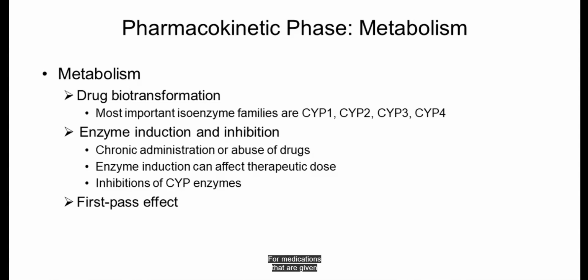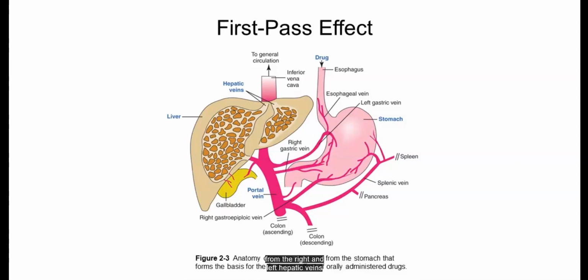For medications that are given orally or through the digestive tract, they must first go through the portal vein, which drains this blood into the liver, and this drainage is shown in the next slide. The blood from the liver then drains from the right and left hepatic veins into the inferior vena cava and then into the circulation. If a drug is highly metabolized by the liver in this scenario, then most of the drug's activity is terminated before it ever reaches the circulation.